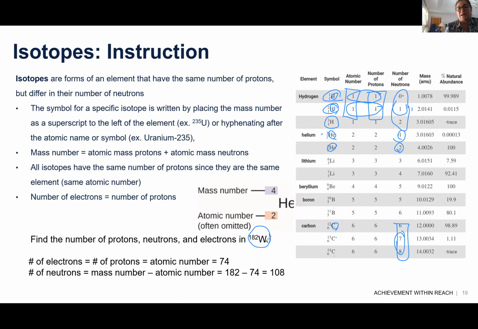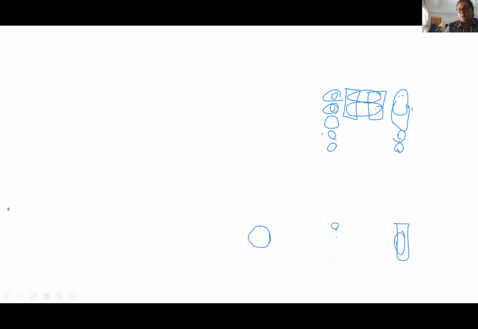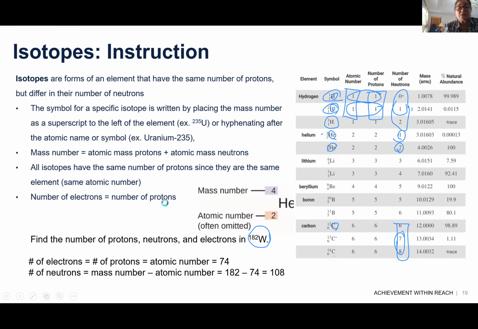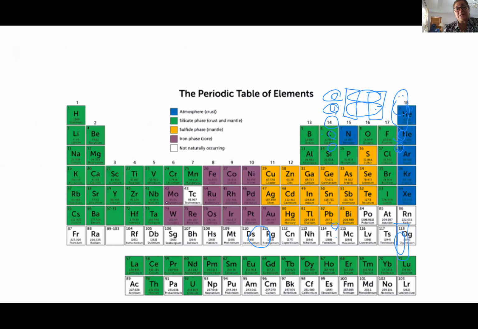In order to find that, we have to go to the periodic table and look for the symbol W right here. With the symbol for W, you see that the atomic number is 74, because we have 74 and then 182 here.